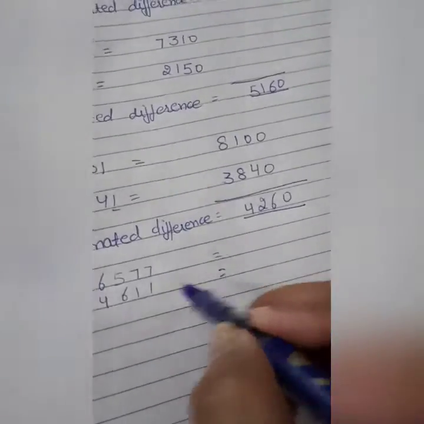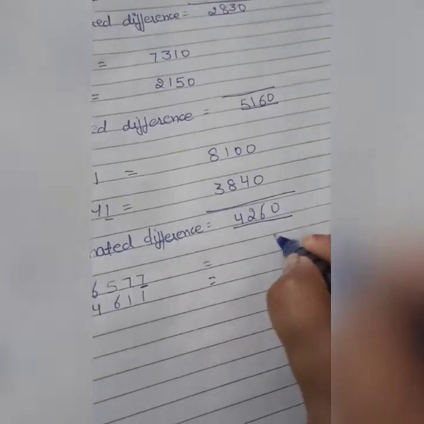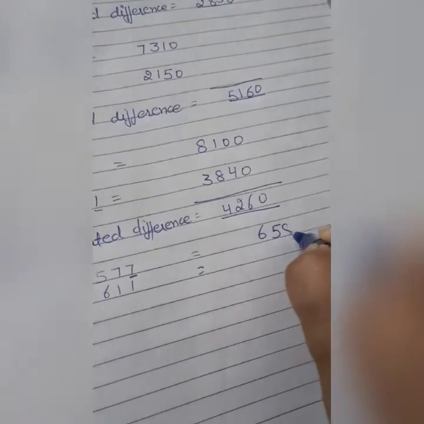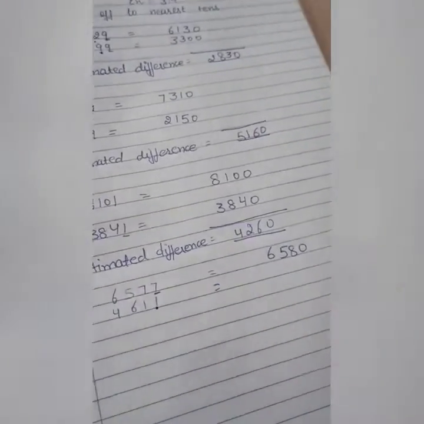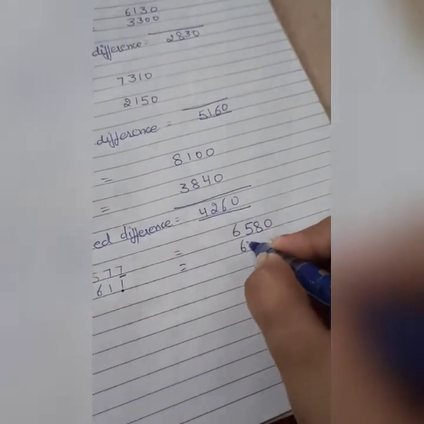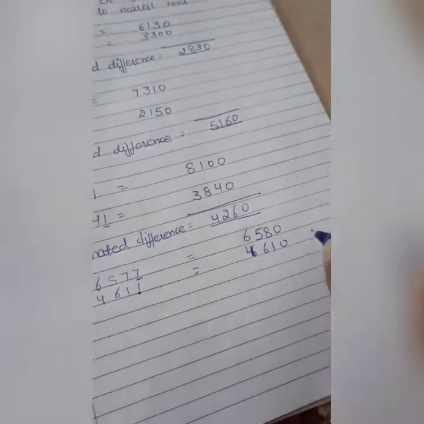Now at the place of ones, 7, which is greater than 5, so we will add 1 to this number, and it becomes 6580. Here also 1, the number is less than 5, so the number will remain the same, 4610.